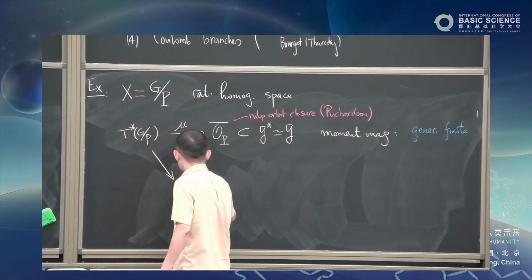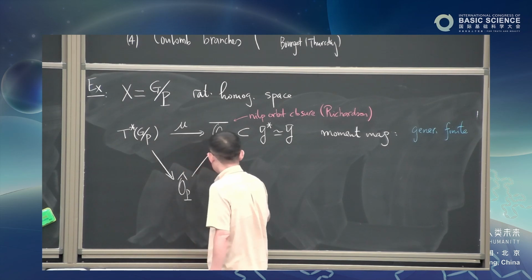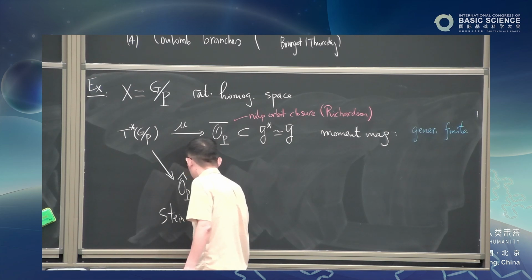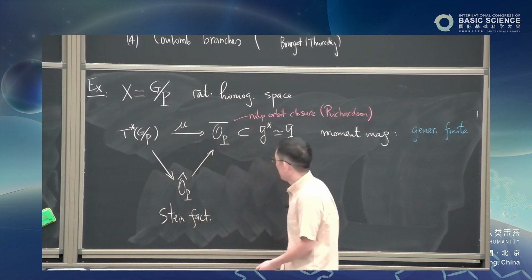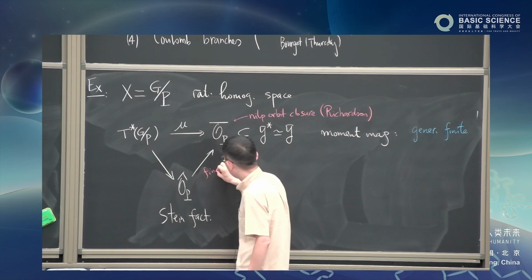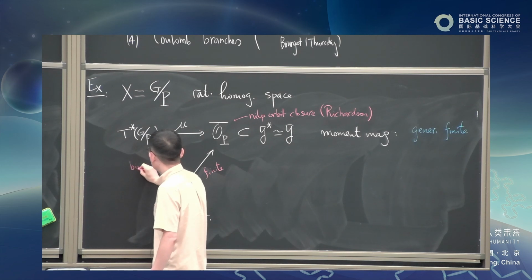So this orbit closure, let me denote by hat. So this is the Stein factorization. And in particular, this would imply this is a finite map, and this is birational with connected fiber.